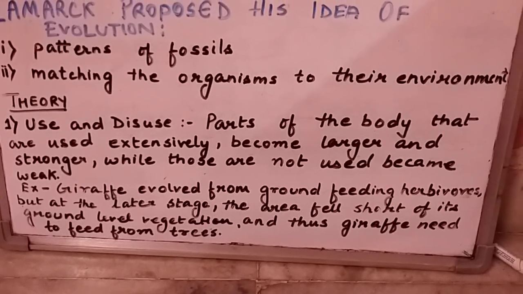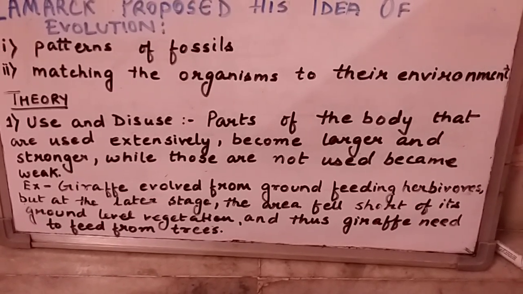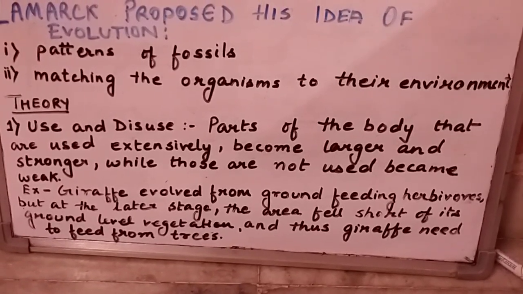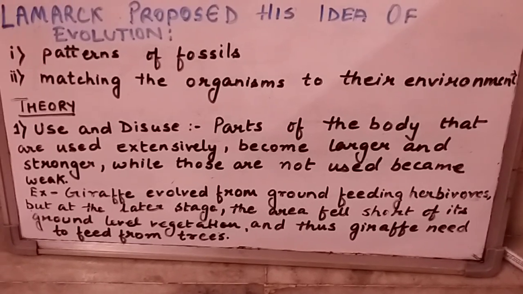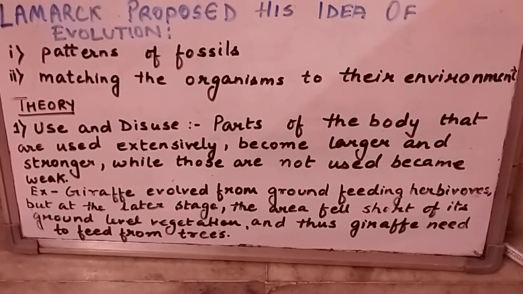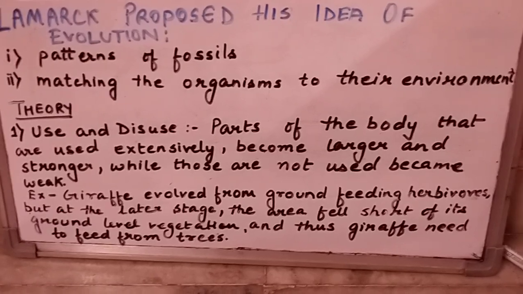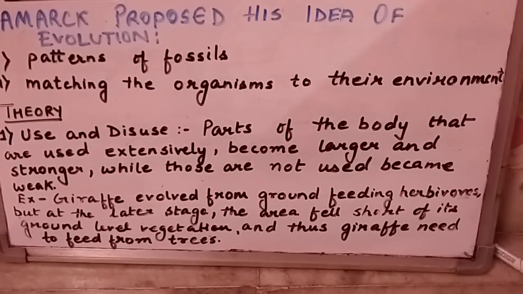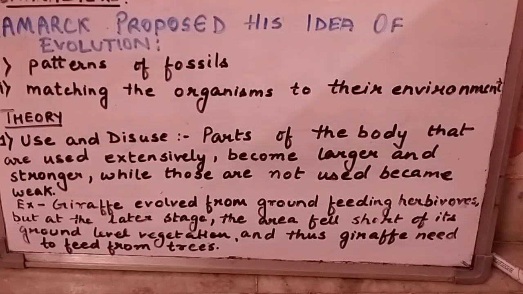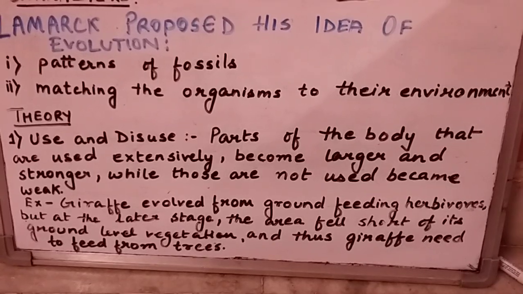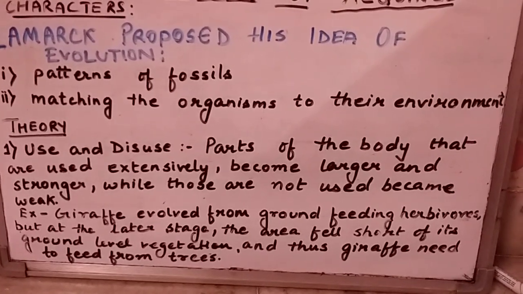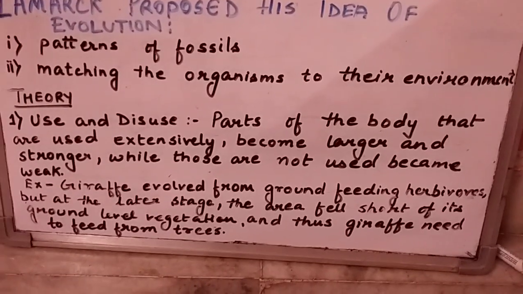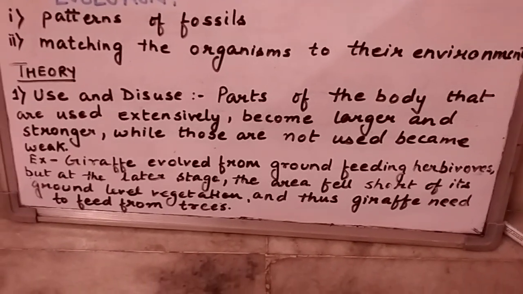Lamarck wanted to make clear that the part which is used continuously by an organism becomes stronger, and the part which is left unused for a length of time gradually becomes weak.